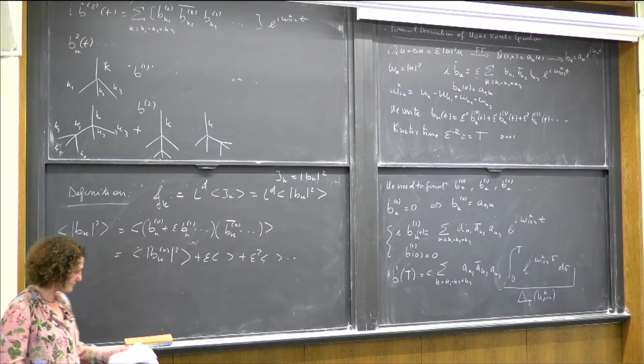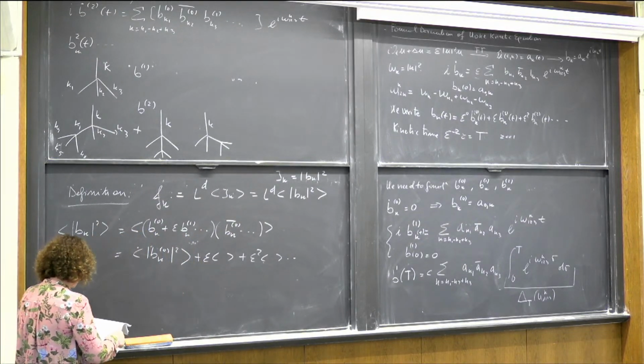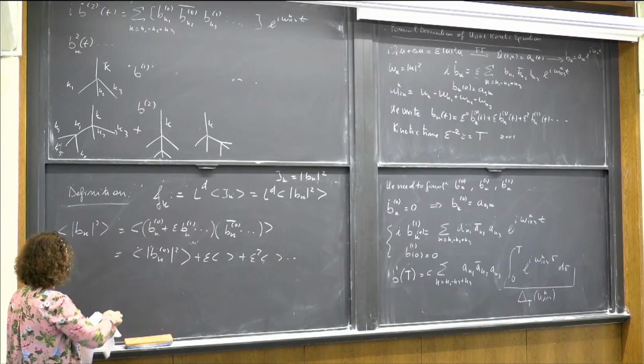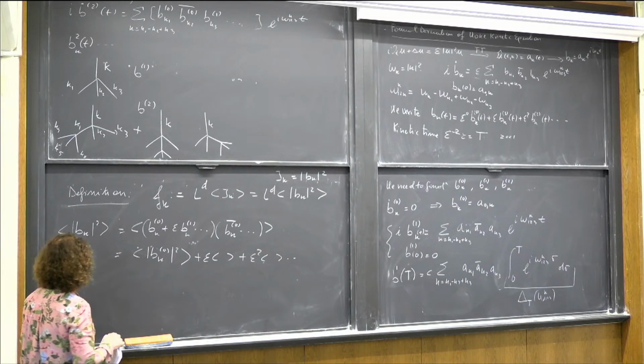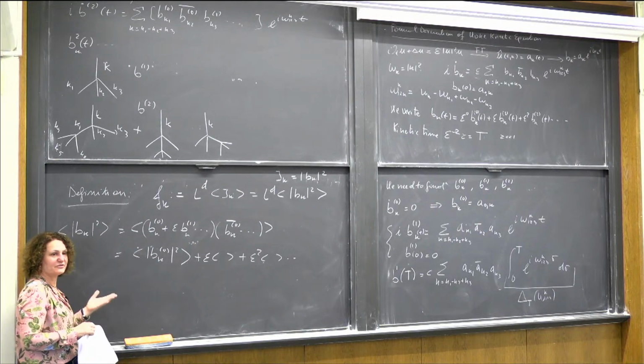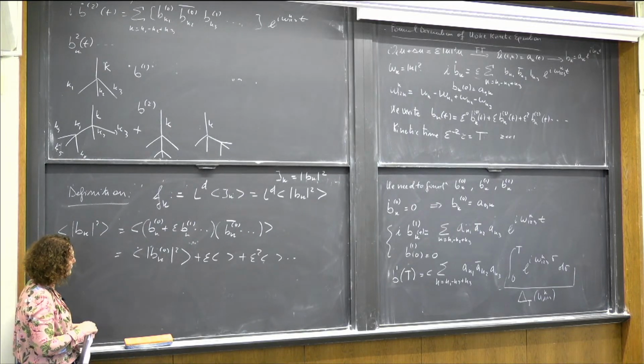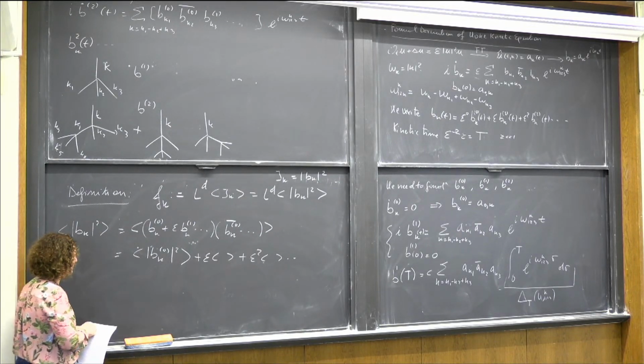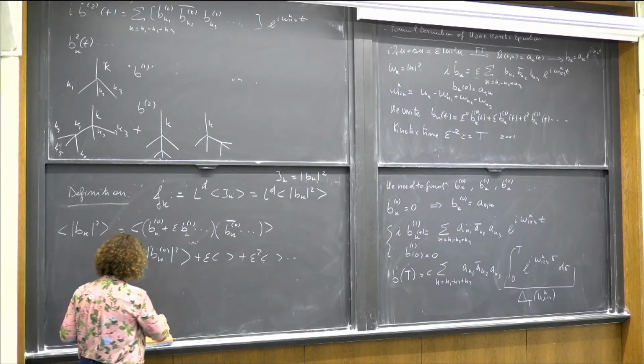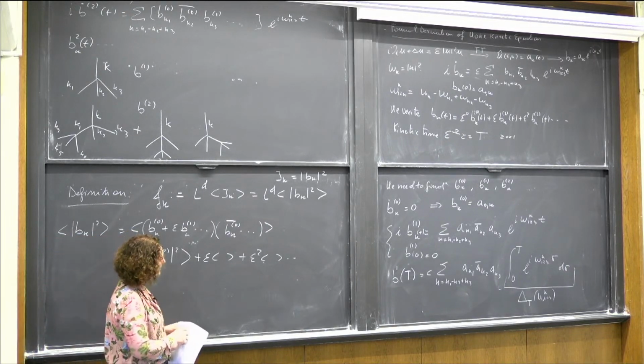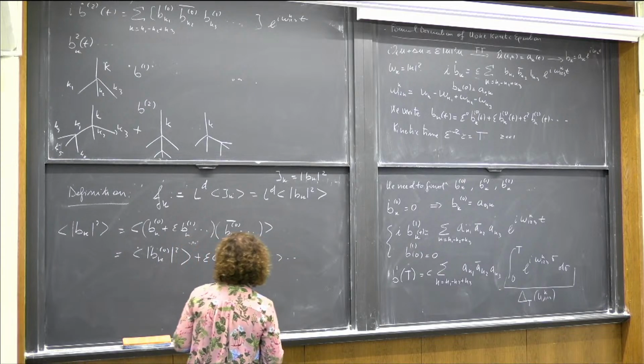Okay? Now, let me tell you a little bit, just an idea of how the probability comes in and how this helps you. So let me just remind you of a few things that happen when you assume that you have the random phase amplitude.